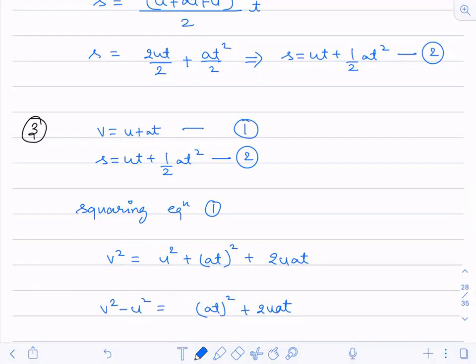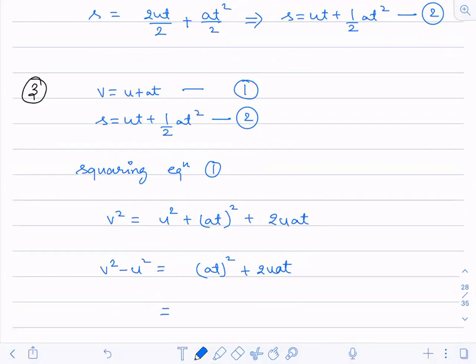Now, if I take 2a common out of this, what do I get here? ut. And what do I get here?